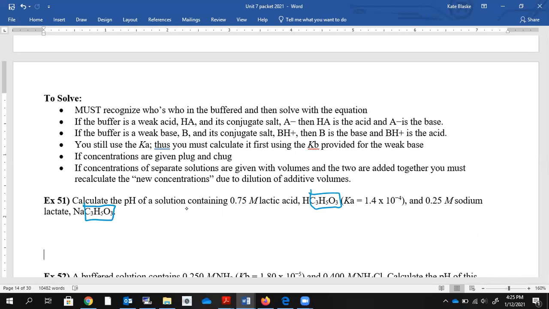So if I write out the chemical equation for lactic acid dissociating, like we have been doing for all of our weak acids for the last couple sections, with a double-sided arrow, because I have a weak acid, I'm in equilibrium. C3H5O2 minus plus H3O plus.